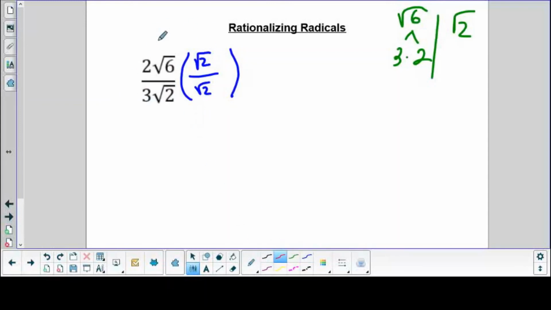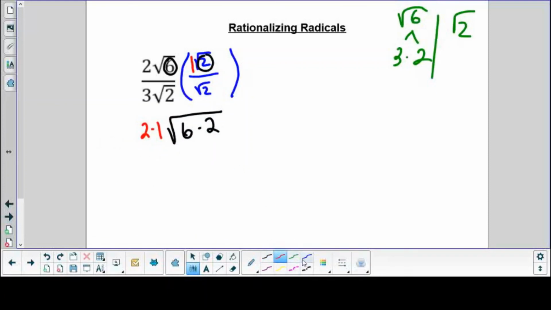So let's multiply on the top first. Remember your rules of multiplication: you multiply the stuff out front and the stuff inside. We could put a 1 out front here if you'd like, and we'll multiply 2 times 1 together. Then we'll multiply the stuff inside, the 6 and the 2, so this will be square root of 6 times 2.